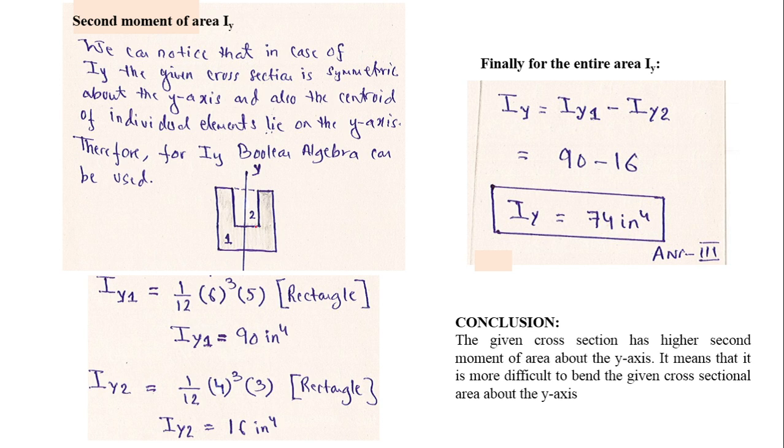You can see here that I have changed the numbering. So now I am considering shape 1 as this entire rectangle. This entire rectangle is my shape 1. So its centroid is going to lie on the y-axis somewhere. If this dimension was 5 inches, then its centroid will lie somewhere here at 2.5 inches, measured from this origin.